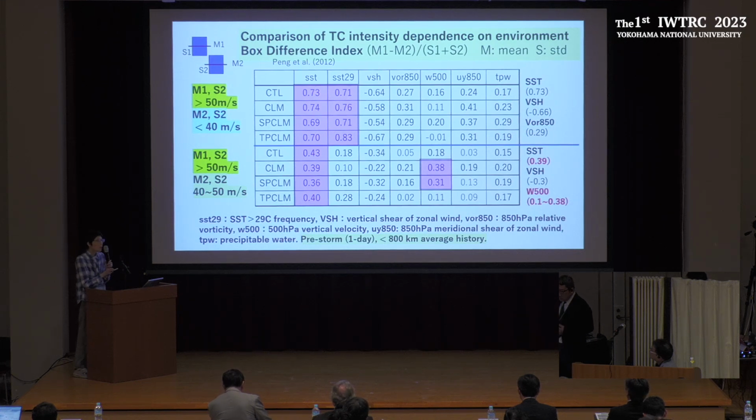The lower rows show the difference between very strong tropical cyclones and strong tropical cyclones. In this situation, the sea surface temperature showed high value, but the vertical velocity in the middle troposphere has comparable value as sea surface temperature in some cases.